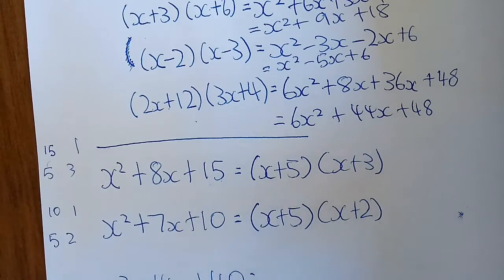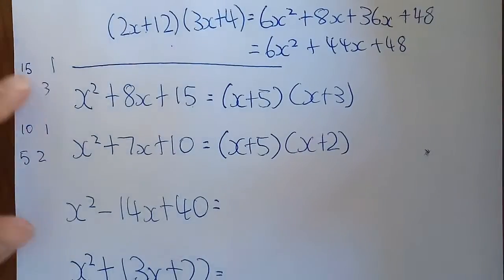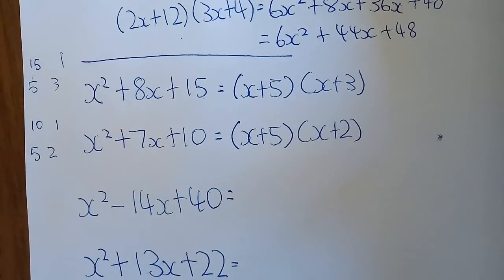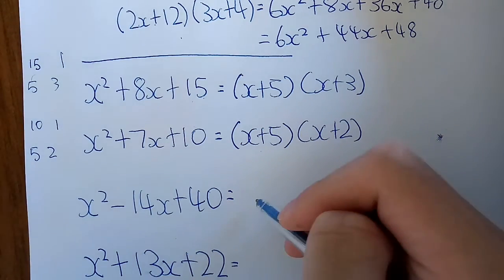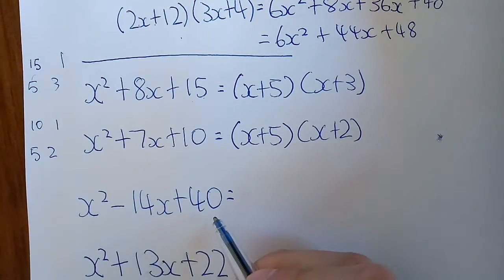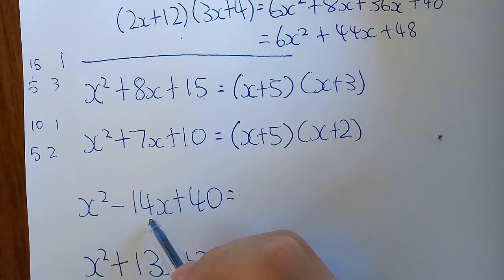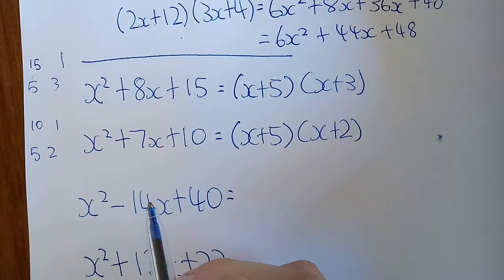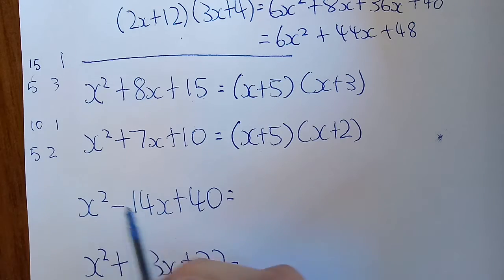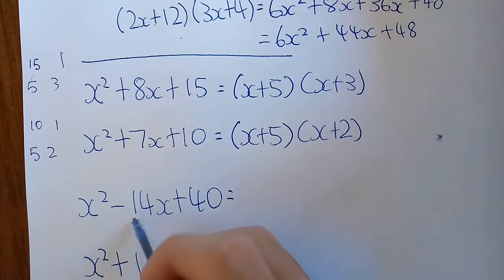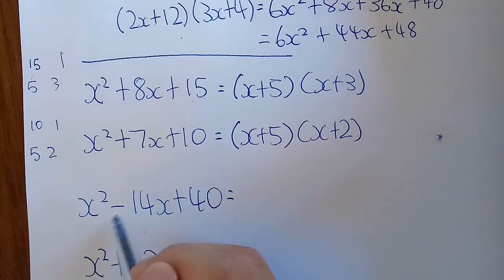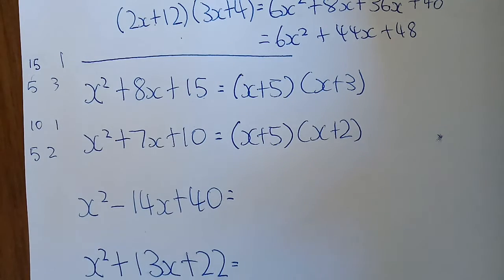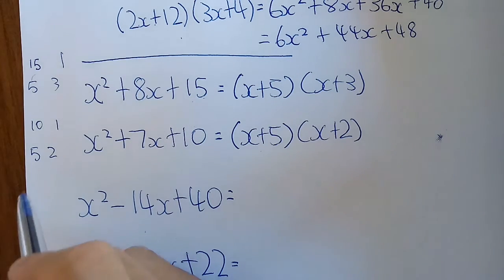Moving on to the next equation, we have x squared minus 14x plus 40. So once again, we have to find two values that multiply to 40 and add to 14, or negative 14 in this case. We go to minus right here. And after you've practiced heaps and done lots of problems, you don't really need to list this out.